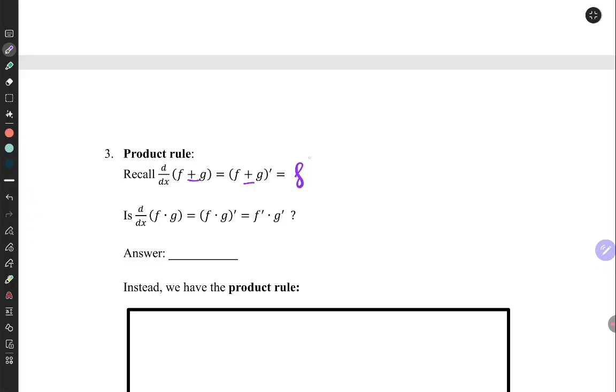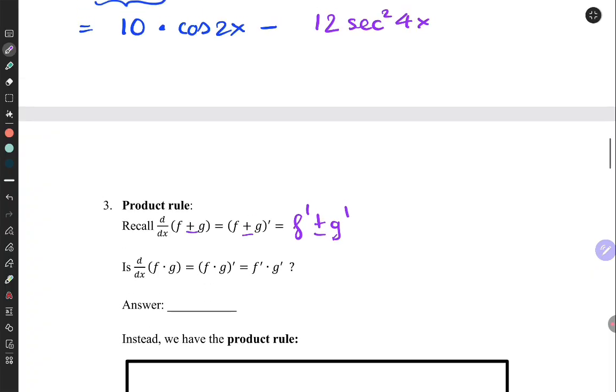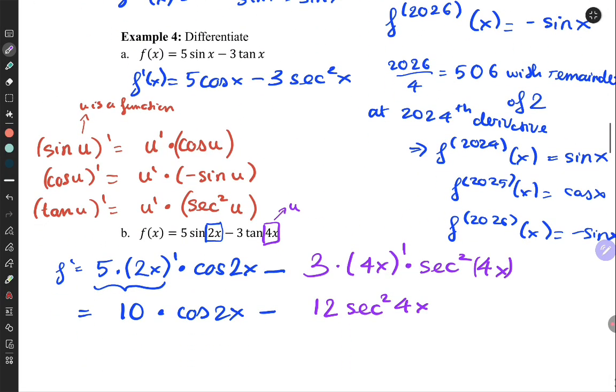Basically, you can split them: f prime plus g prime, the derivative of each one of them, or minus. Right or wrong? You actually just did that to answer that question. You just take the derivative of each one of them, one by one. Clearly, you just did the derivative of a difference.